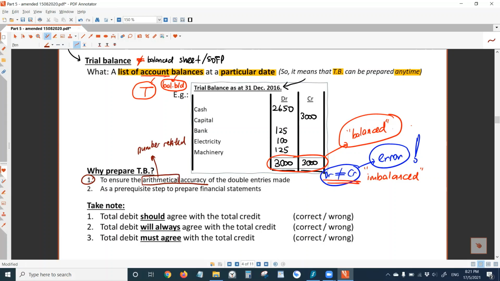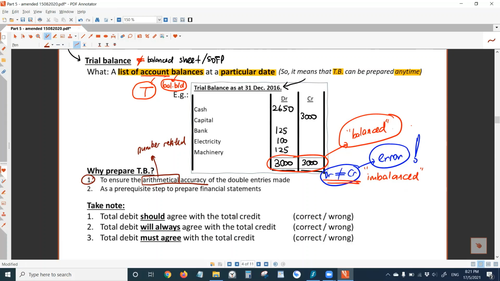It can only ensure arithmetical accuracy. It means it can only ensure that you have done the same amount of debit and credit entry. You can only ensure that the amounts are correct, but you cannot ensure that the accounts you have debited and credited are correct. Let me repeat.